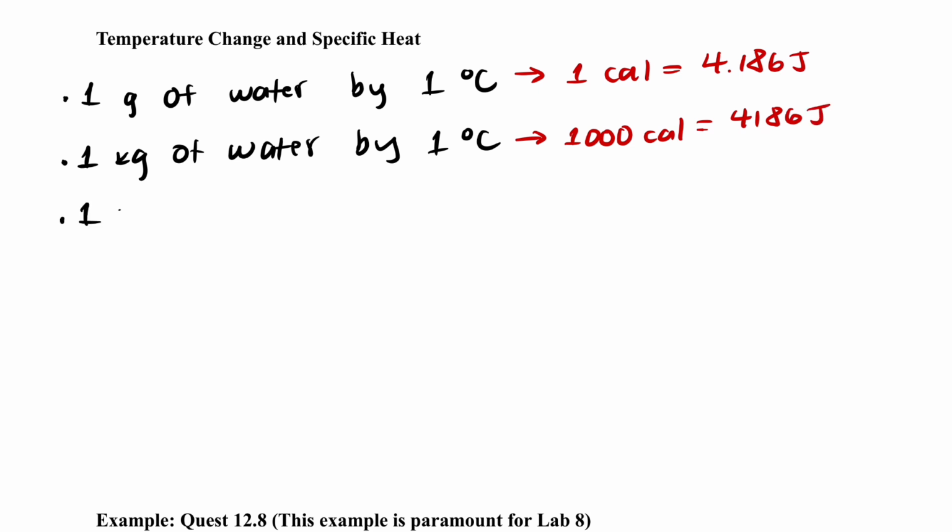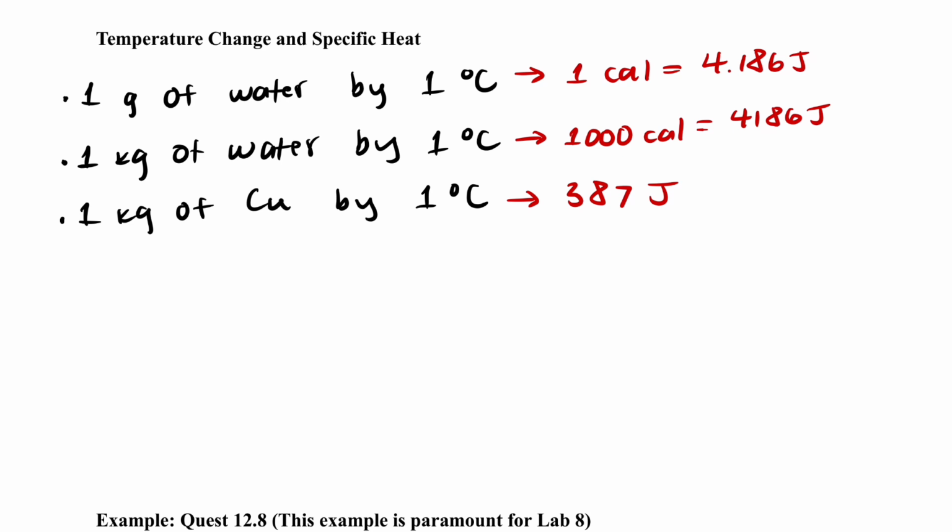What if you wanted to change the temperature of 1 kilogram of copper by 1 degree Celsius? Because copper is a metal, a better heat conductor, we wouldn't need 4,000 joules. We would actually need 387 joules. What does that tell us? That different substances change their temperatures differently.